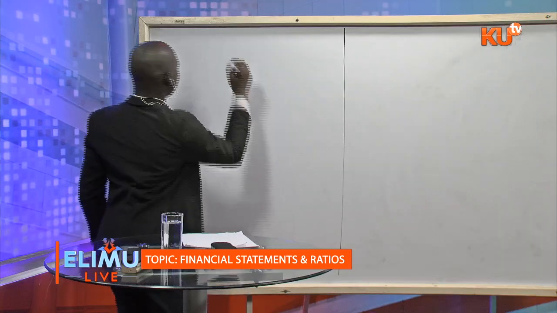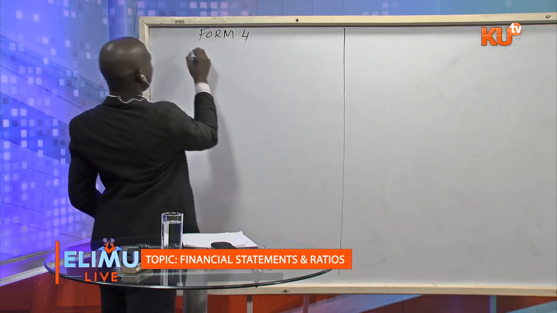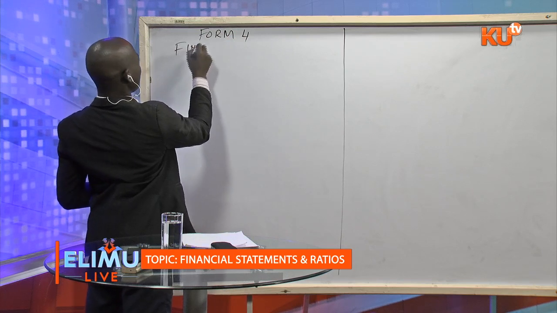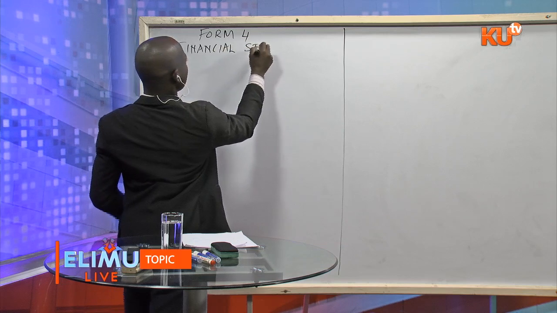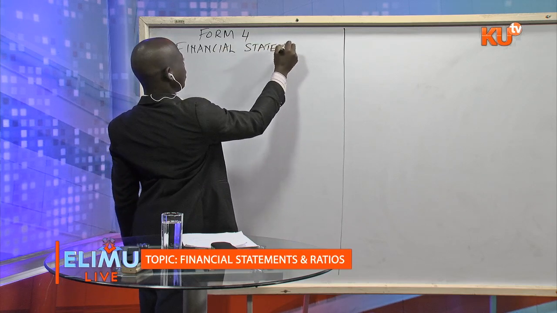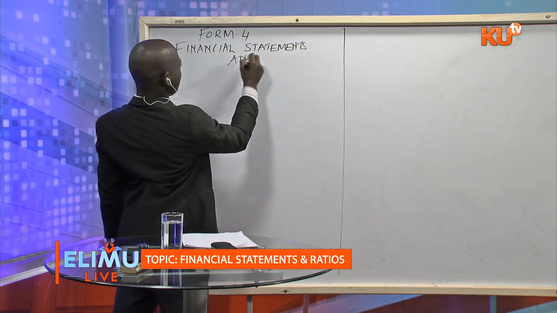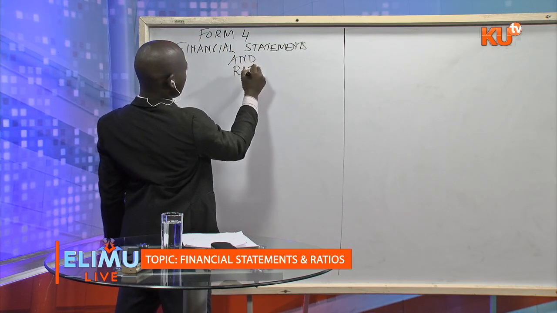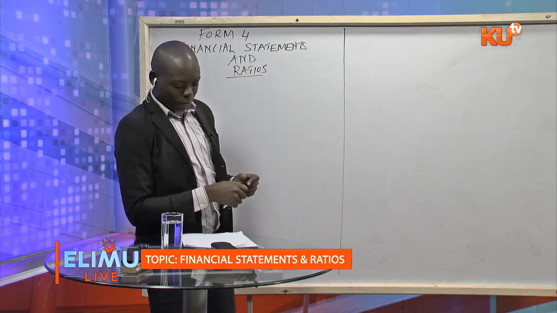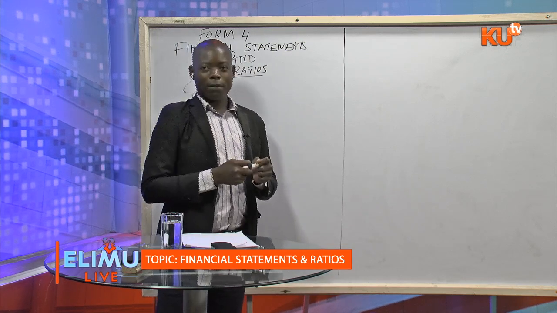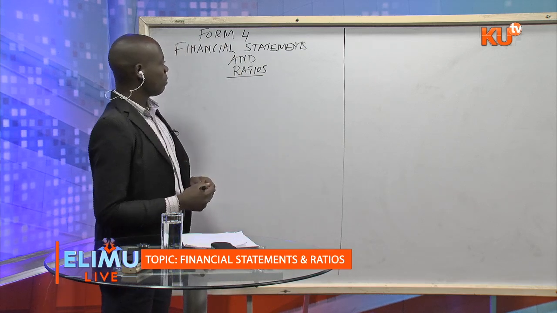Last time, in our previous lesson, we were looking at financial statements and ratios. This was our topic of discussion, and we highlighted various concepts that we need to understand in this topic.